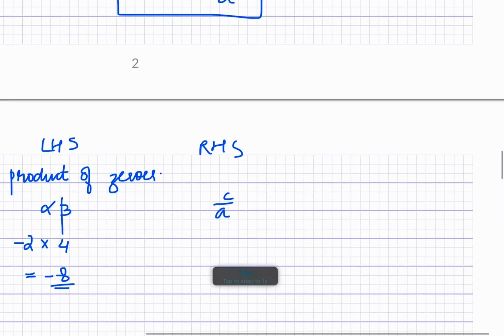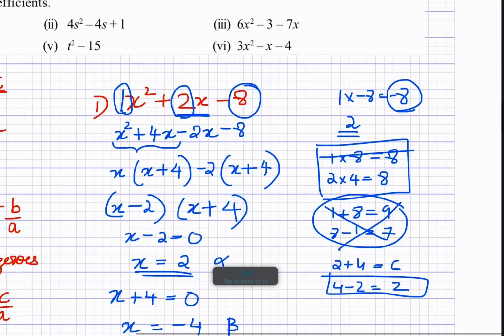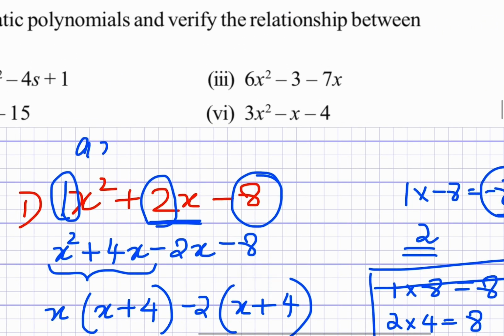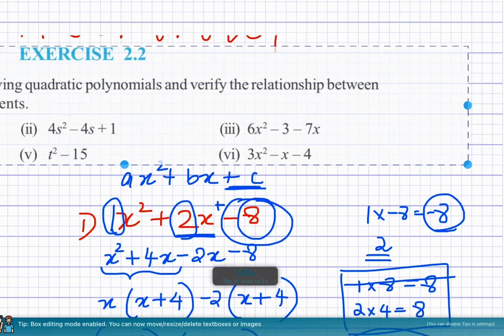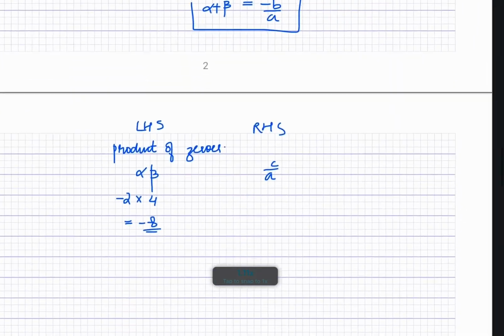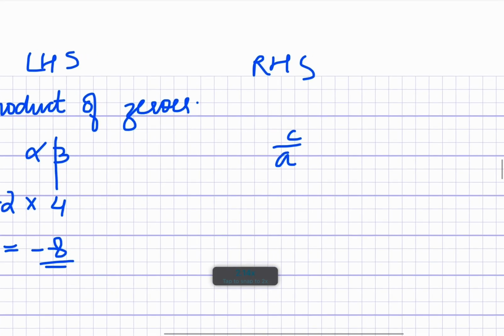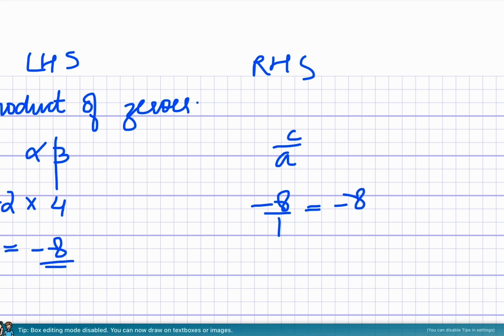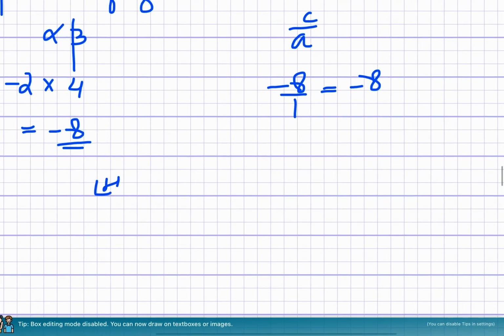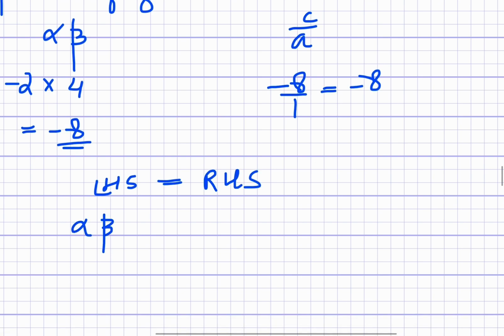Sorry, it is minus 8. We have to consider minus 8, because the standard equation is ax square plus bx plus c. Here it is plus c, but here it is not, so we will be taking minus 8. And a is 1. So it is minus 8 by 1, which is equal to minus 8. So LHS equals RHS. Hence proved alpha beta is equal to c by a.